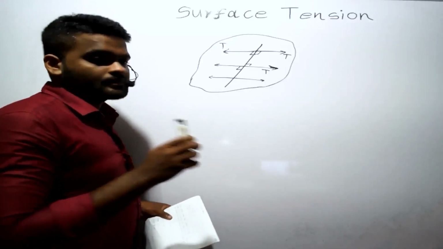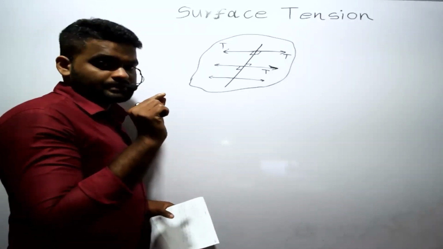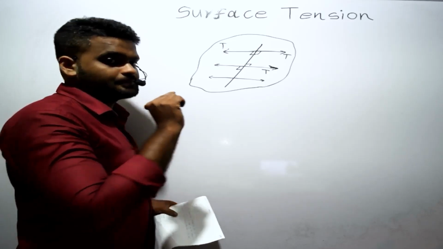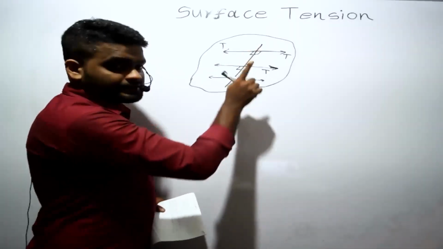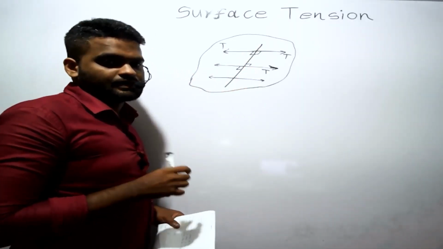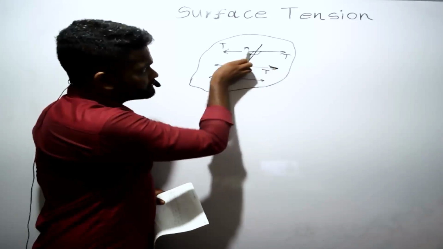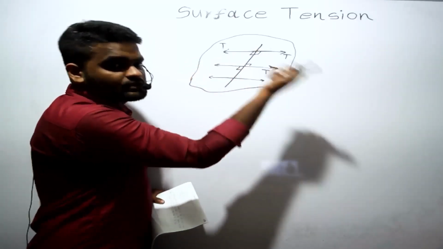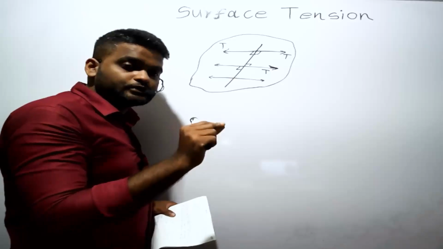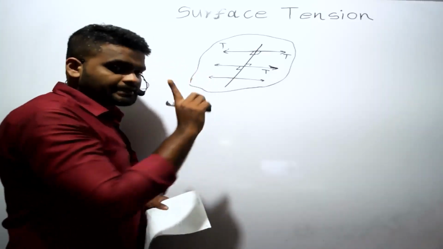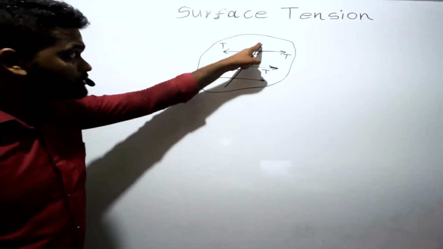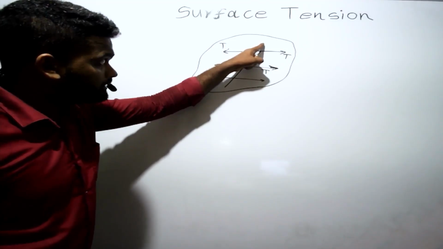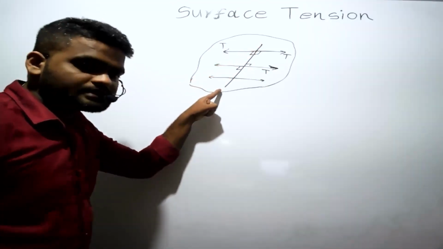Here we have to define surface tension, right? But if you take both forces, those forces are balanced, so you get a zero value. So there are some rules. You have a line on the surface.